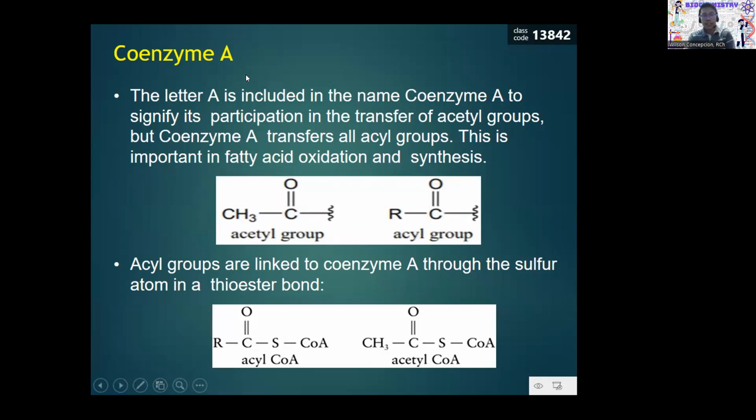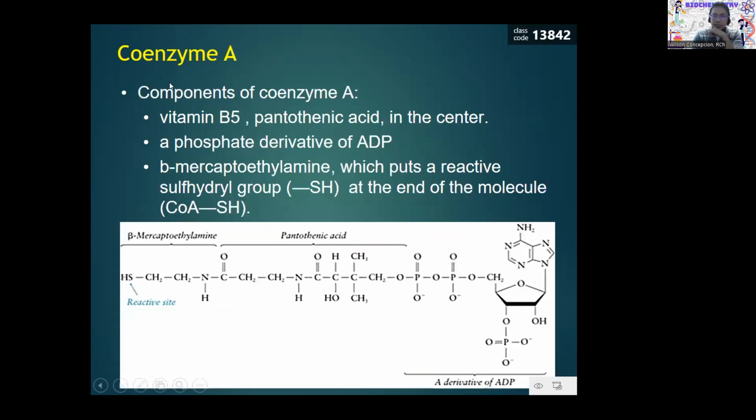Alam ko dito tayo nag-end last week eh. What vitamin is present in coenzyme A? Coenzyme A contains vitamin B5. Okay? Vitamin B5 or pantothenic acid.